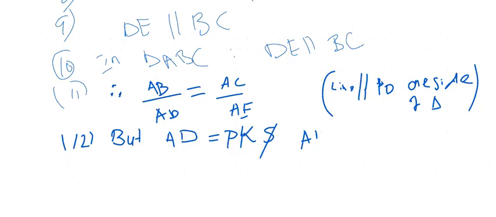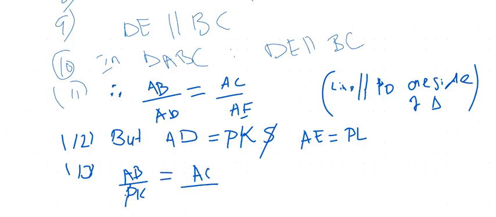So this is the 13th point we have: AB by PK equals AC by PL. All right. So this is the required answer of question 1. All right. Now move to the next question.